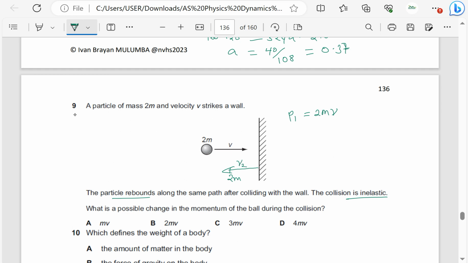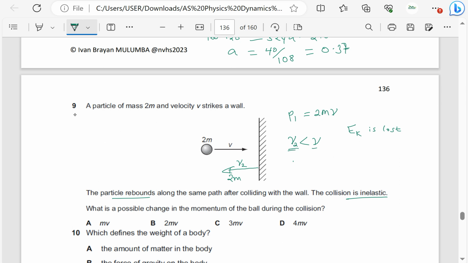If the collision is inelastic, it means v2 is going to be less than v, because the mass is the same. Since the collision is inelastic, some energy is lost on collision, so the speed decreases. Since kinetic energy is lost, the new velocity is less than the initial velocity.